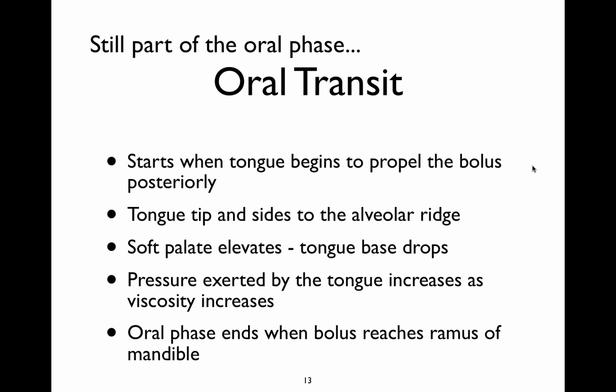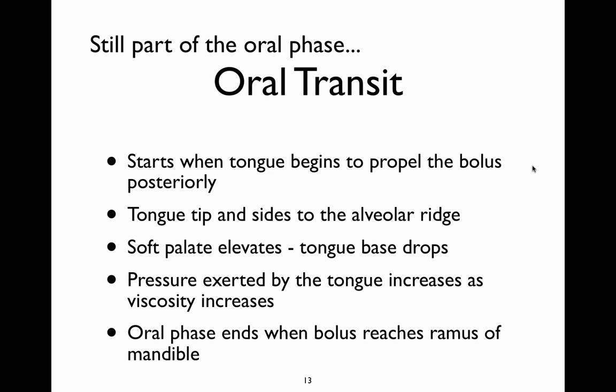At this point, the soft palate, which has been in a relaxed, non-innervated position, begins to elevate to form closure of the oral cavity from the nasal cavity, and also in the process of elevating, it begins to create an aperture, an opening through which the bolus is going to slide. At the same time, the tongue base drops so that the opening or the aperture becomes even bigger and is sort of the logical path of least resistance.